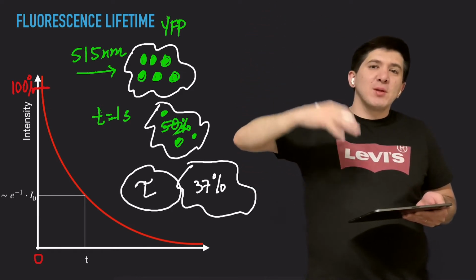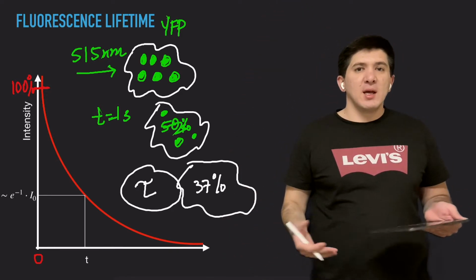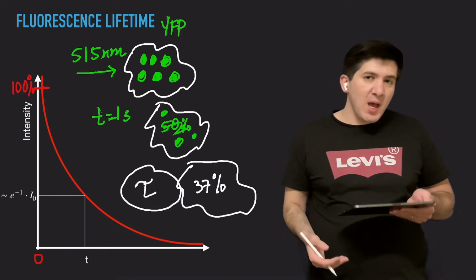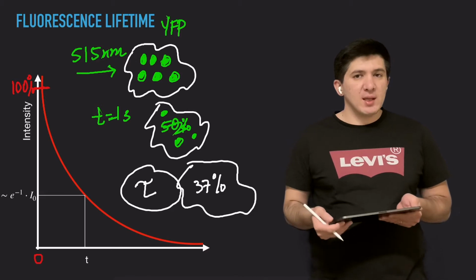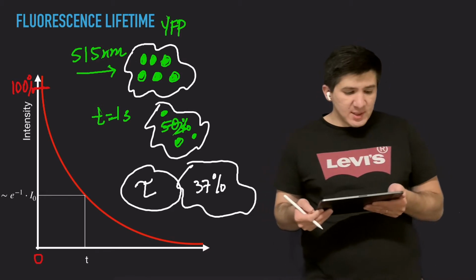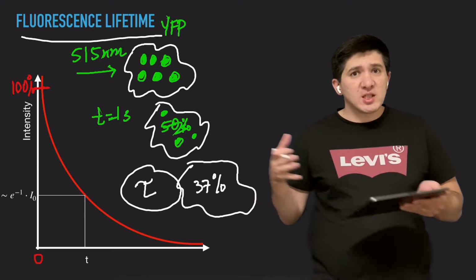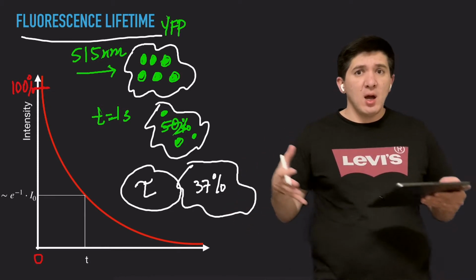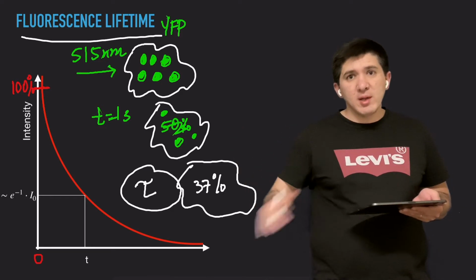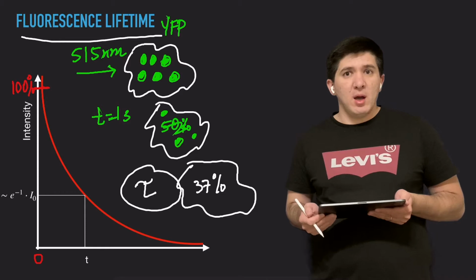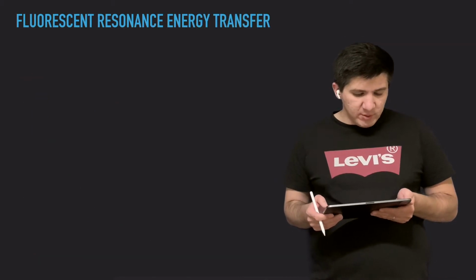And the time between the molecule being excited and falling down, relaxing, is the fluorescence lifetime. And mathematically, we're going to quantify this in this way. The fluorescence lifetime is defined as the time it takes until the intensity of the sample with the fluorophores decreases to 37% of the initial one. Okay, so this is essentially what the fluorescence lifetime is.